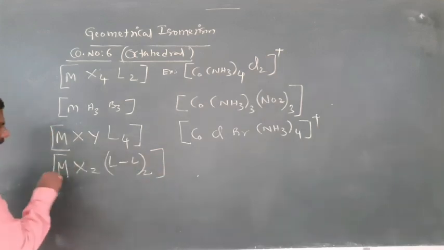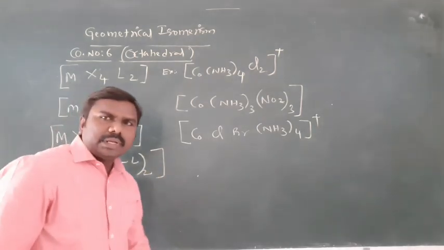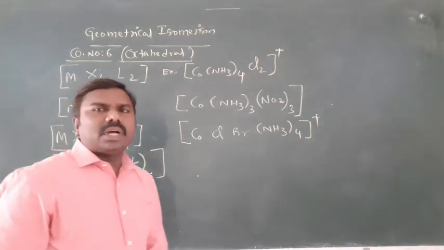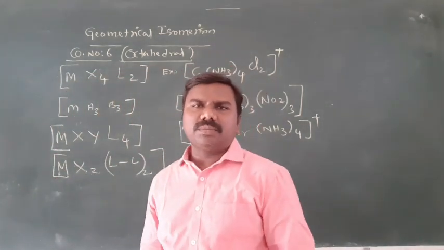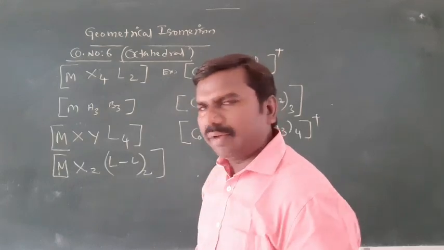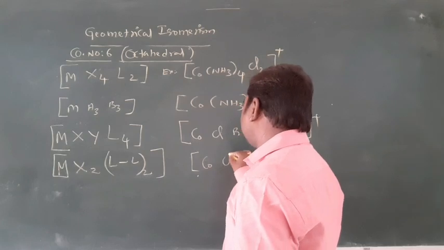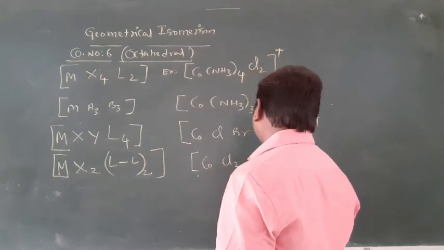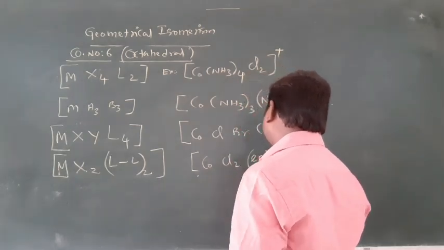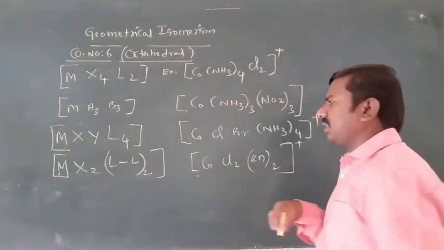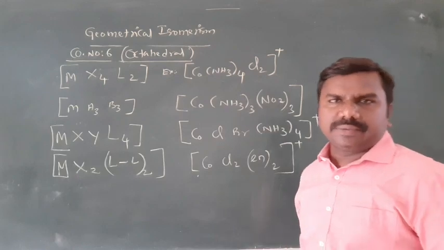If I keep it in brackets, like 2 ethylenediamine, the best example of a bidentate ligand. Geometrical isomerism is also possible in bidentate ligands. Example is Co, next Cl2 en twice. So the charge is plus here.